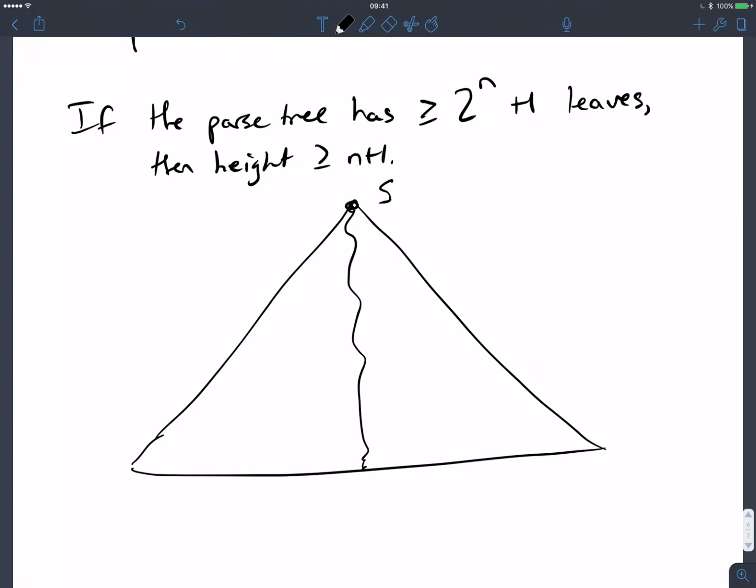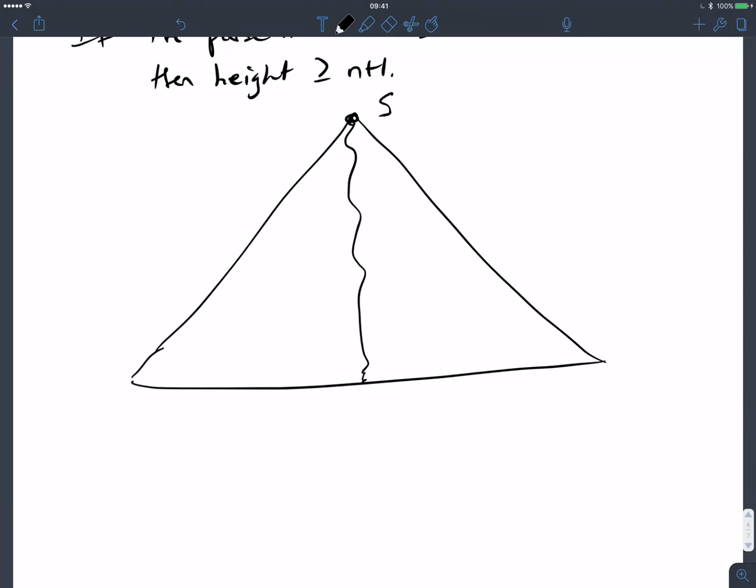It may be all the way to the right, it may be all the way to the left, it may be in the middle. I'm just supposing it's in the middle. Well, I said that a variable must repeat. Is that variable S? No, because S cannot be on the right-hand side of any rule. So let's say that the first occurrence of the repeated variable is A, and I said it repeated, so there must be a second occurrence of the same variable in that particular path all the way down.